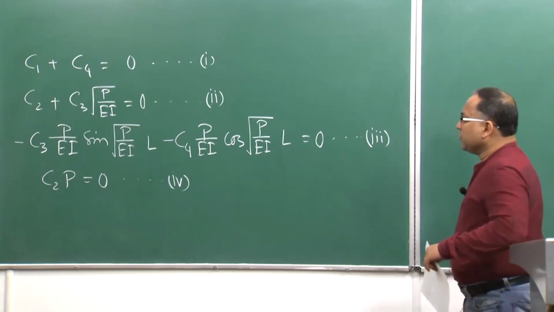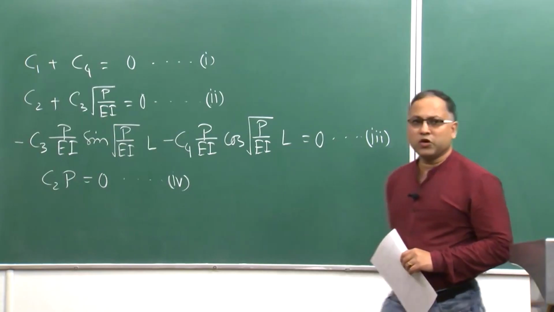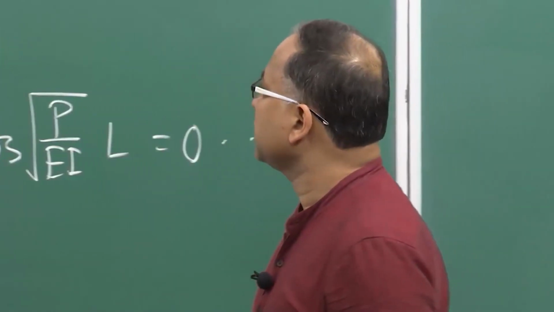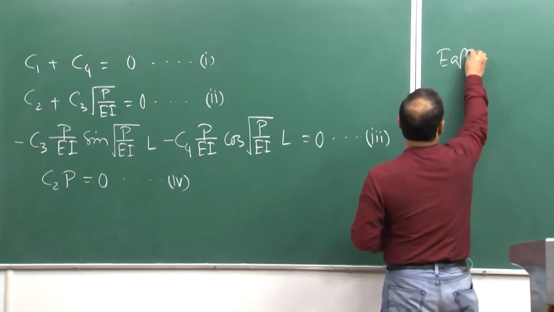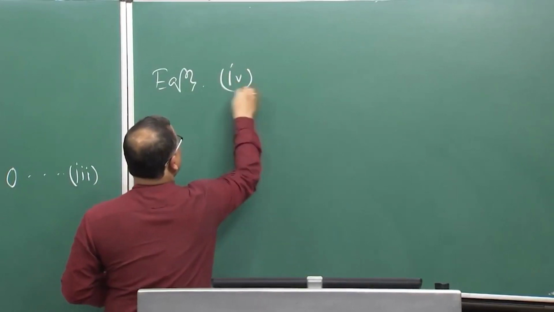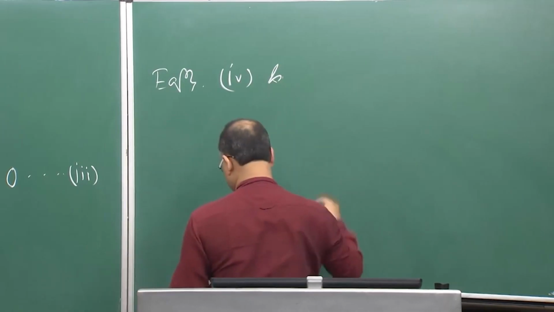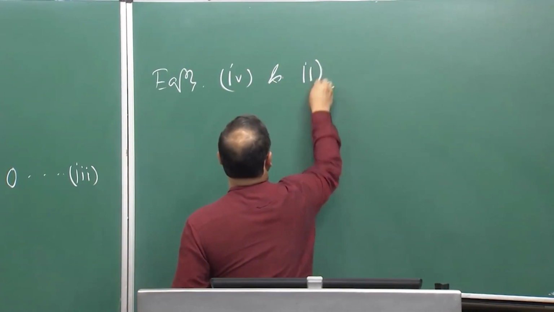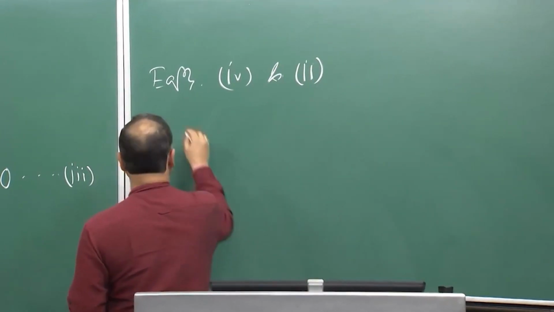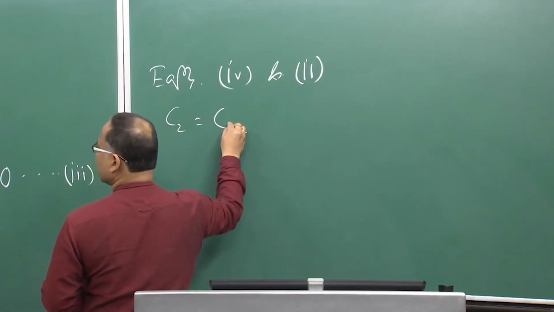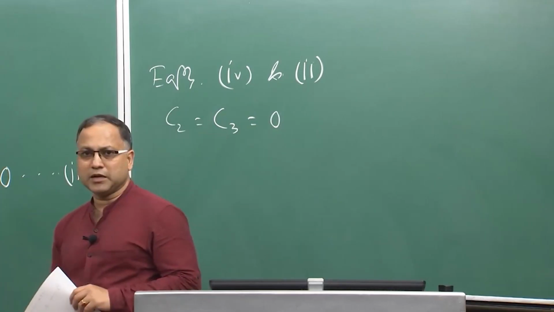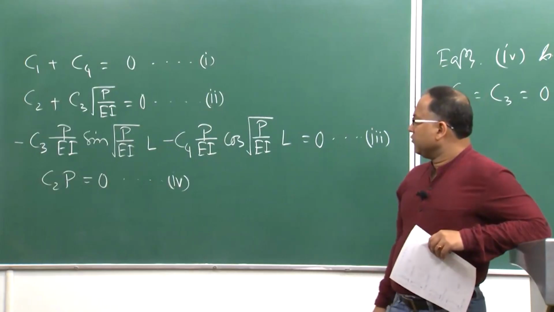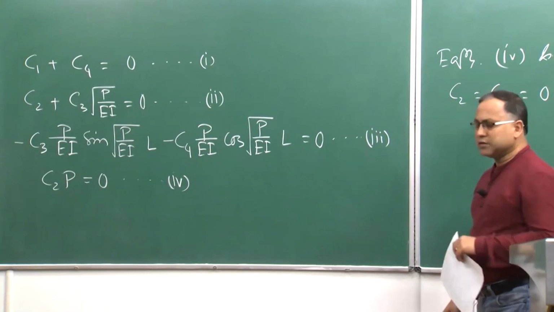So, to get the non-trivial solution of these simultaneous equations, from equation 4 and equation 2 we get C2 equal to C3 equal to 0.